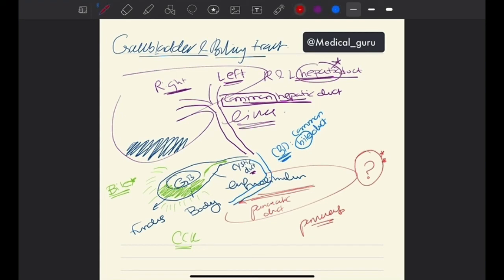As you can see, this is the pancreatic duct joining over here. Both of these, the common bile duct and the pancreatic duct, are going to be joining together. When it joins together, it's going to be inserted into the duodenum.